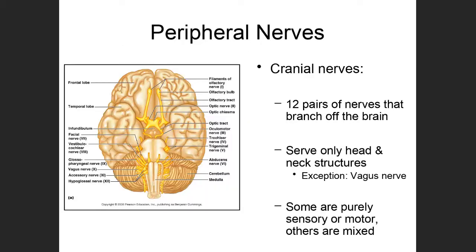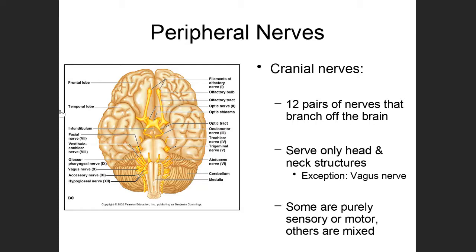So we're going to start looking at the peripheral nervous system from the perspective of the cranial nerves. I mentioned that the peripheral nervous system consists of nerves that branch off of the brain and spinal cord. The cranial nerves specifically are nerves that are attached to the brain.